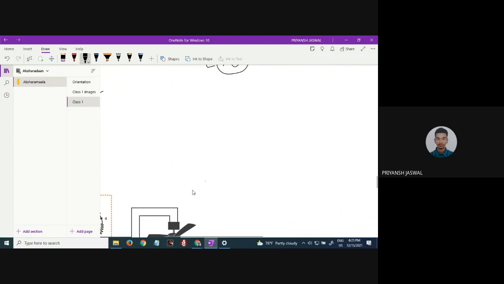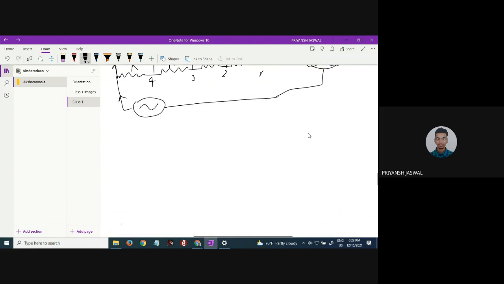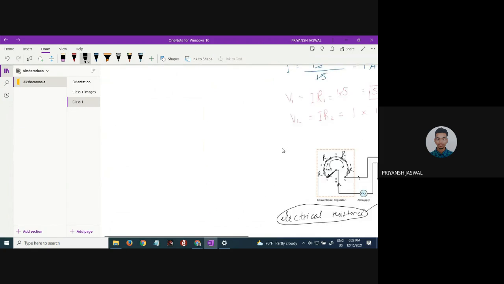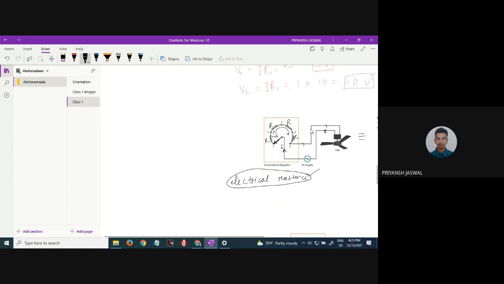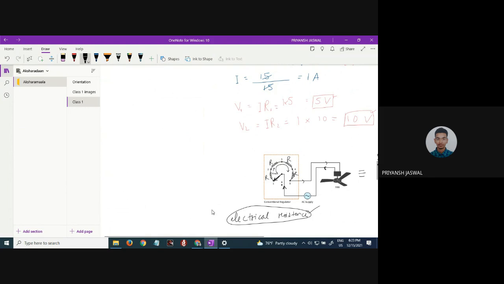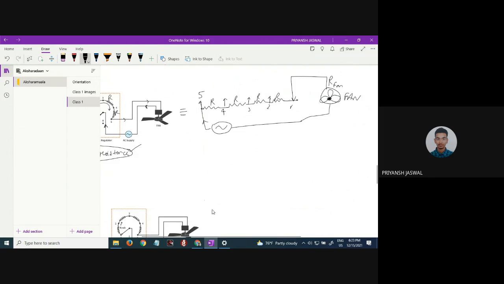So the total current seen by the fan is, suppose the power supply voltage drop is V, the RMS you can say.